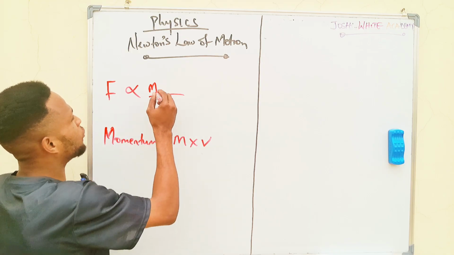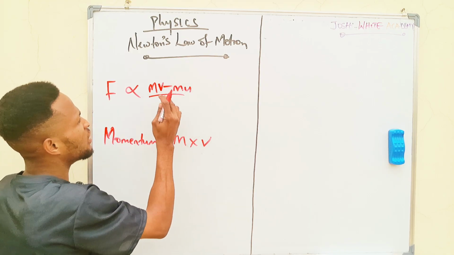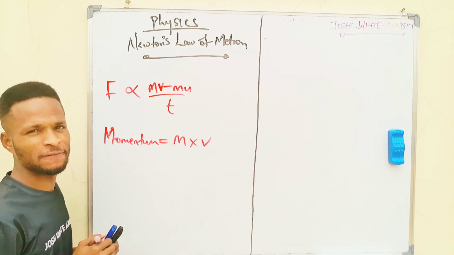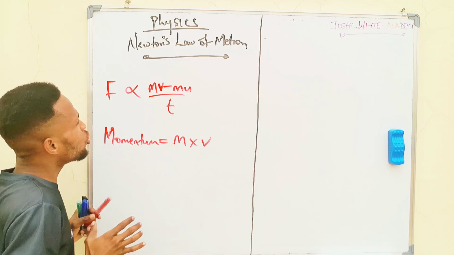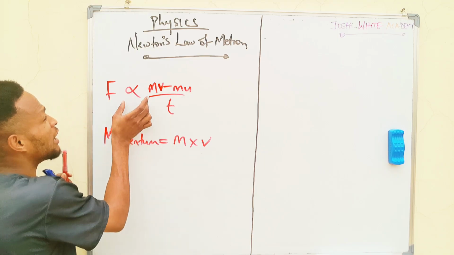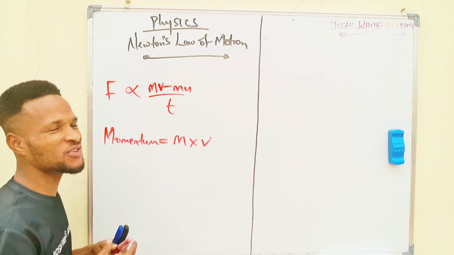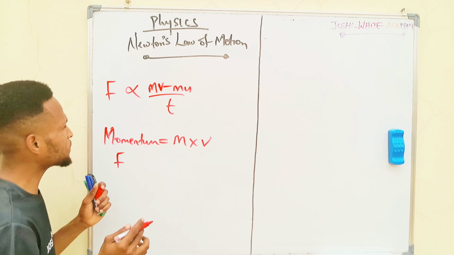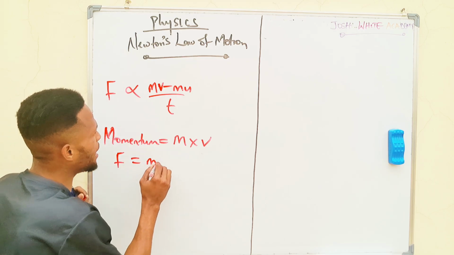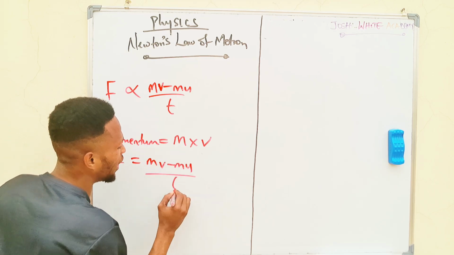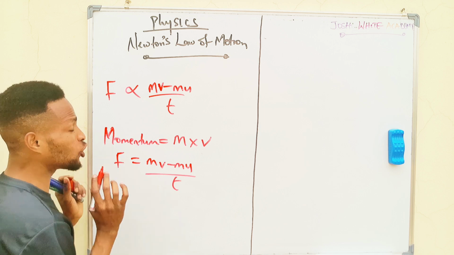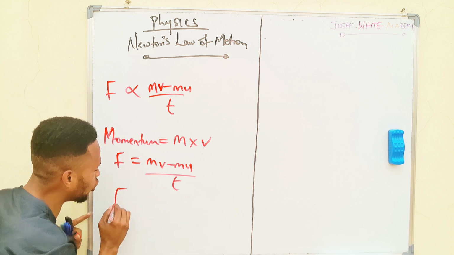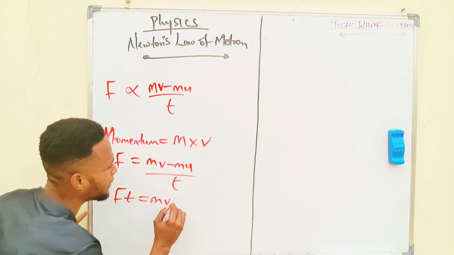The change of momentum is from mu to mv, initial velocity to final velocity. So from here, remember whenever we remove our variation sign, we always add a constant. But in the case of this, our constant is 1. That means it will still give us mv minus mu all over t. If we cross multiply, this will become Ft equals mv minus mu.